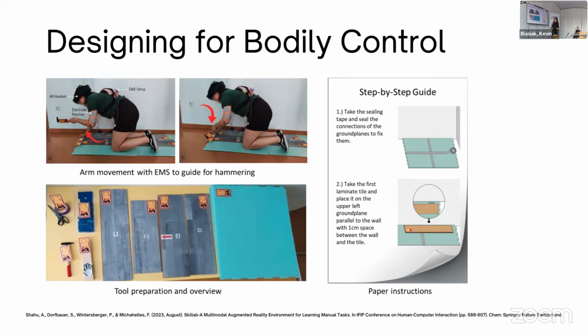When the next step is to hammer something together, the system moves their arm and shows them the movement they have to do. It's very involuntary in nature because it bypasses the signal that your brain sends. So it's just an external stimulation. It feels a little bit alien when you try it for the first time, because you don't have the intention to move a certain part of your body, but the system moves your body.